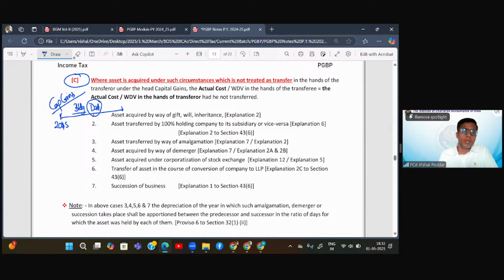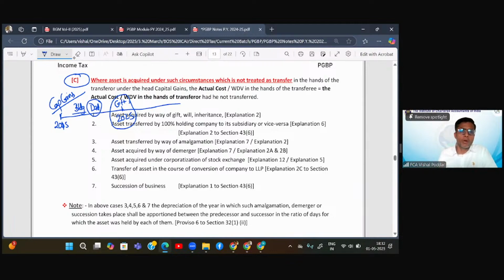Now you qualify, you become a chartered accountant. So you want to start your own office. But dad says, see, this building is there. What you can do is you can start using this building and your dad gifts you this building in 2025 and now you are using the building. This can happen with any asset. Now, interestingly, when you have acquired the asset by way of gift, practically, there is no cost which you have paid.